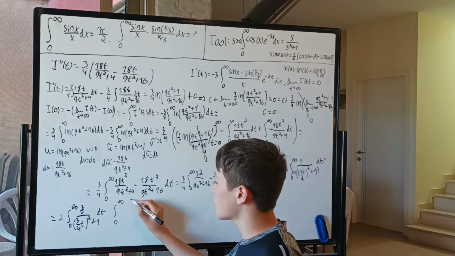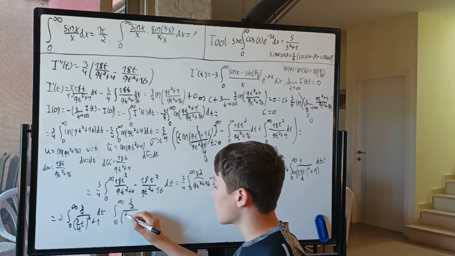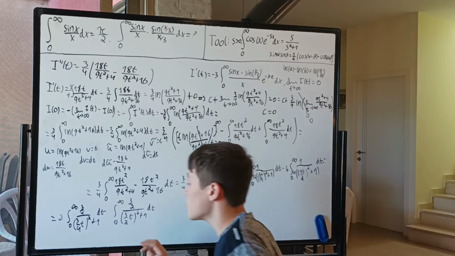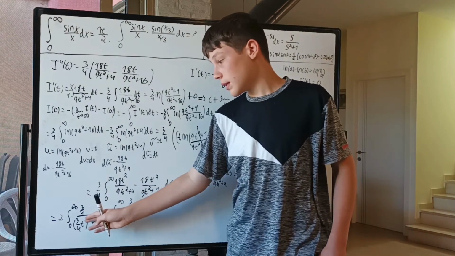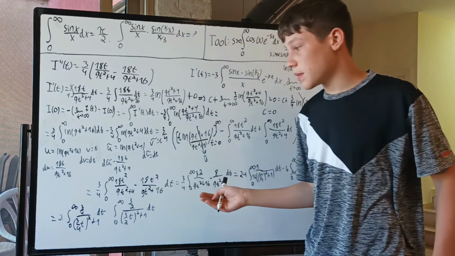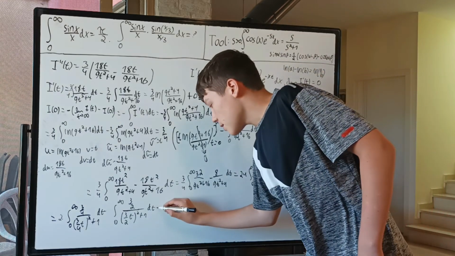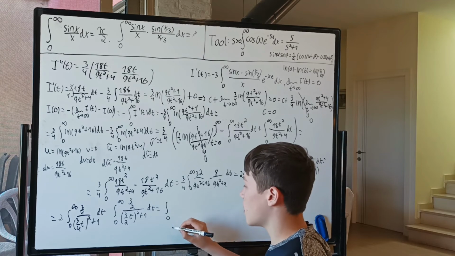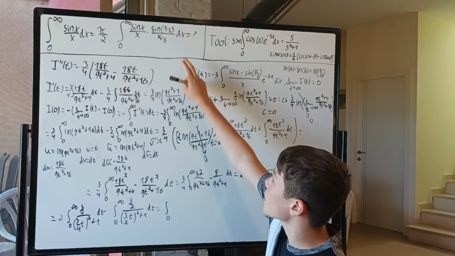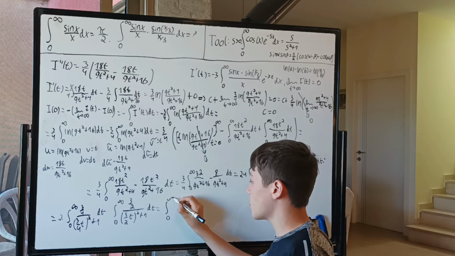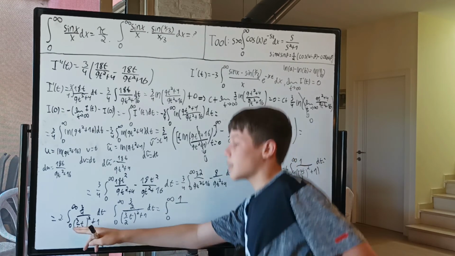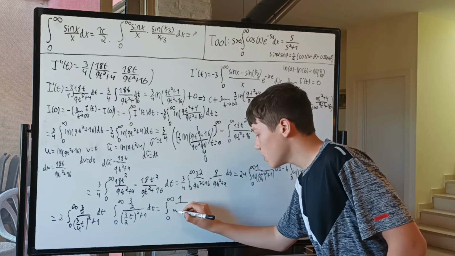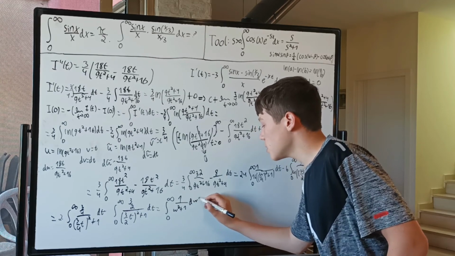This is the integral from 0 to infinity of 3 over 2 divided by 3 over 2 t squared plus 1 dt. And I'm doing a u substitution. This will be exactly like the integral of 1 over x squared plus 1, and this will also be the integral of 1 over x squared plus 1. I'll maybe use w to not confuse it with this x, but it doesn't really matter. It's going to be 2 times an integral minus the same integral, so just one copy of that integral, the integral of 1 over w squared plus 1 dw.